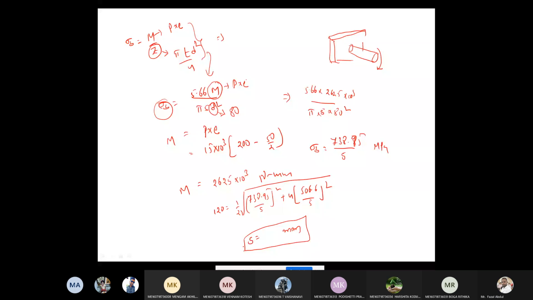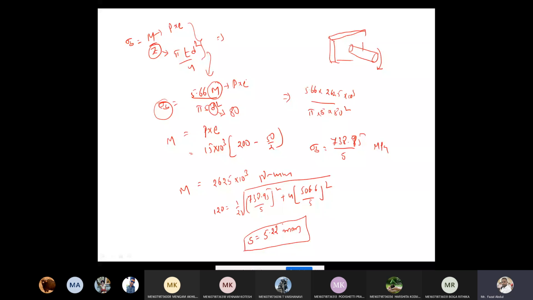Tell me the S value. S value is 5.22 mm. Okay, so with this, the case 1 type of problems is over.